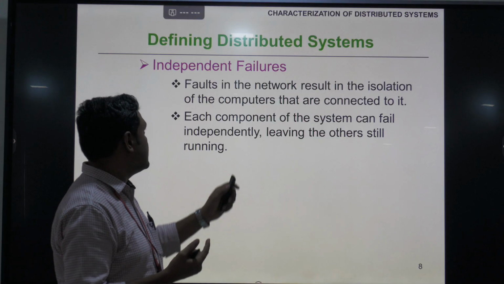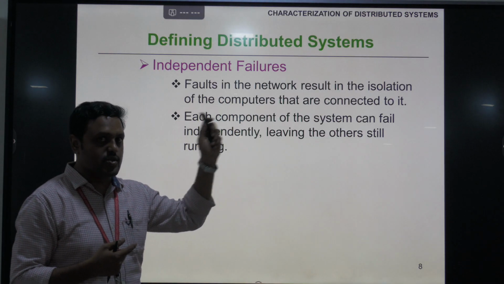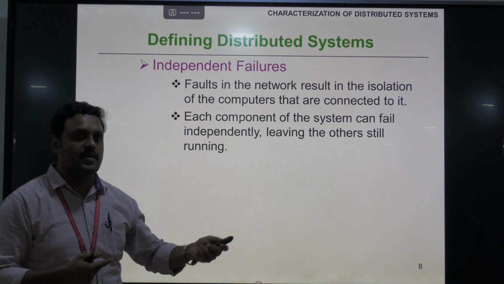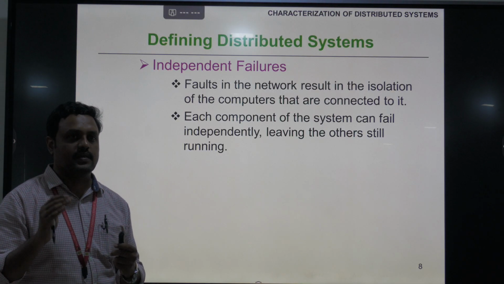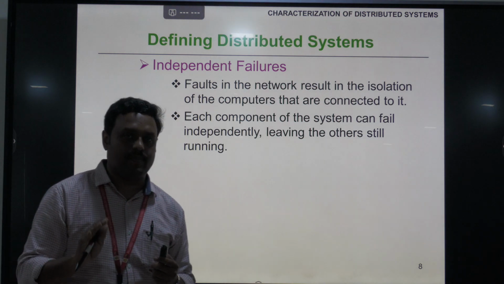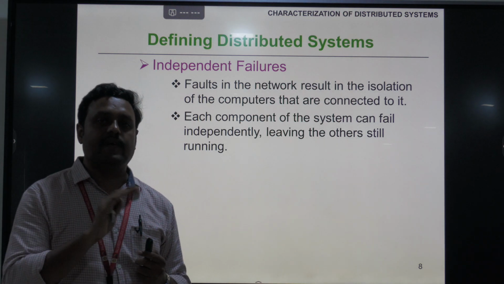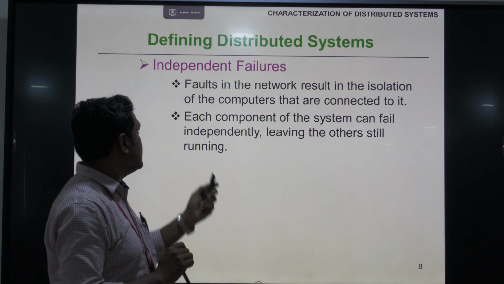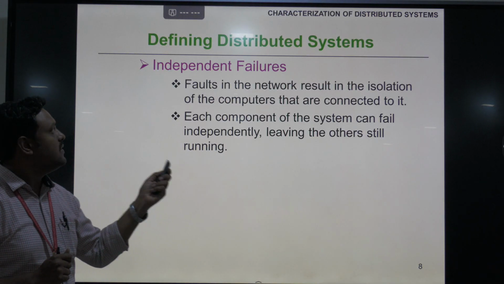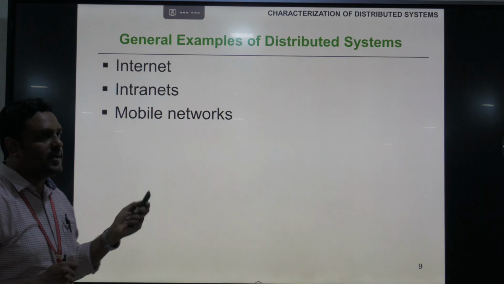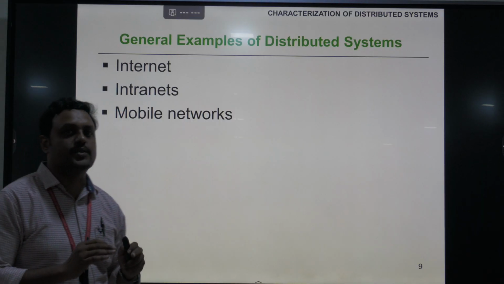If one system fails, the rest of the systems have to continue their tasks. They should not stop or get affected by the failed system. That is called independent failures, and that is also one of the challenges we have. And those are the basic concepts of distributed systems.